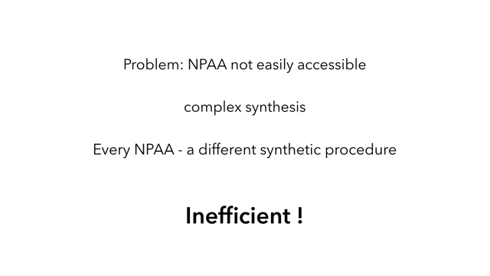So imagine that NPAs are not easily accessible because the synthesis is quite complex, and every time you want to design a special molecule, you need to use a different synthetic route, which is inefficient.